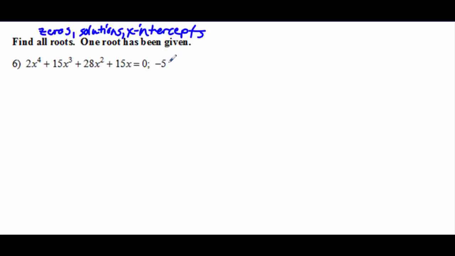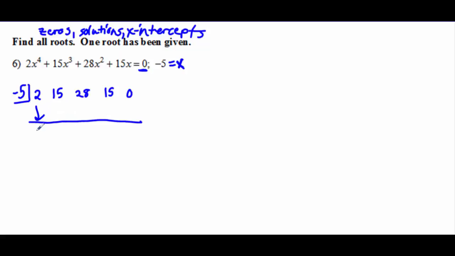One thing to note is they're telling me that -5 is what x equals, which means that I don't need to change the sign when I do synthetic division. So I've got 2, 15, 28, 15, and then there's not a number at the end, so I'm going to put a 0. The 0 is not because that's 0, the 0 is because it doesn't have a +1 or a +5 or anything at the end.